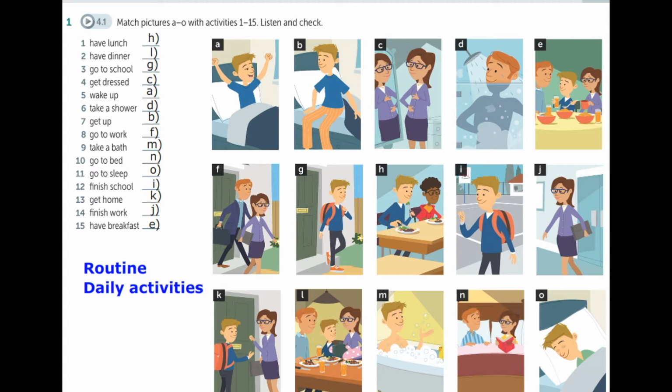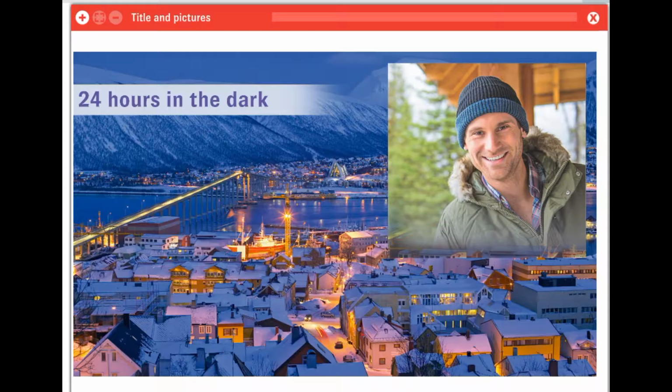Go to work. F. 9. Take a bath. M. 10. Go to bed. N. 11. Go to sleep. O. 12. Finish school. I. 13. Get home. K. 14. Finish work. J. 15. Have breakfast. E.